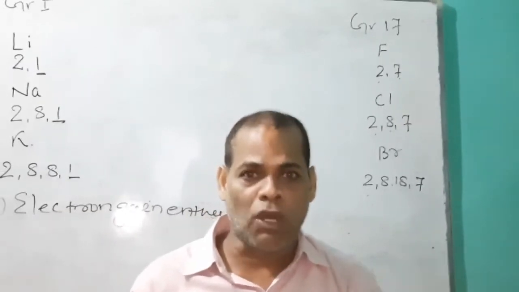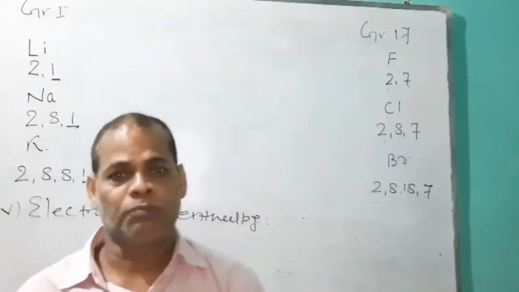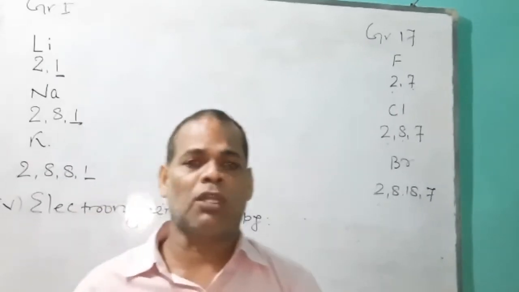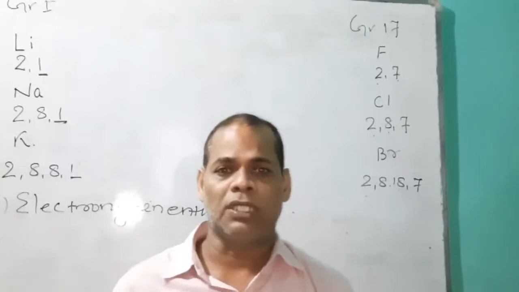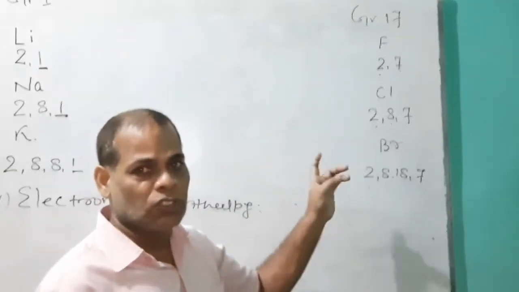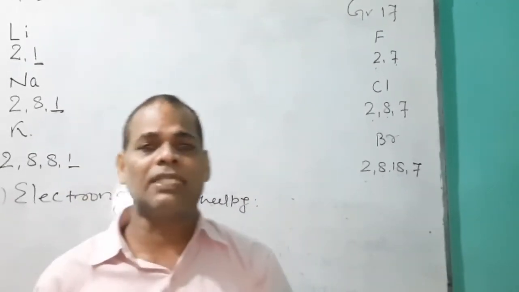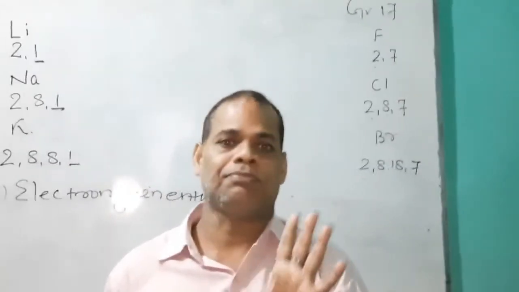While moving from top to bottom across the group, the value of electron gain enthalpy decreases due to increase in the size of an atom.